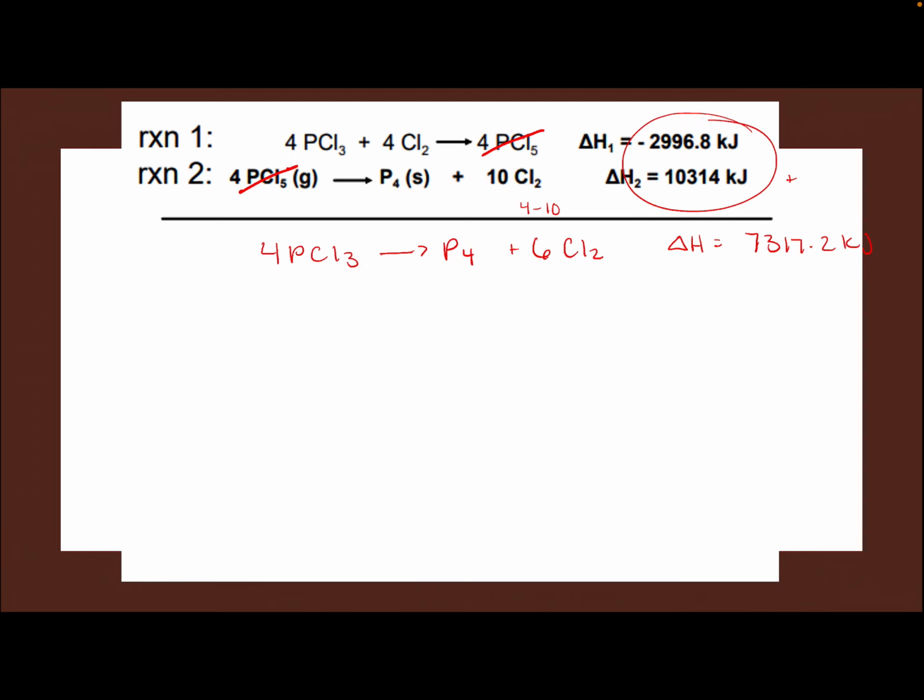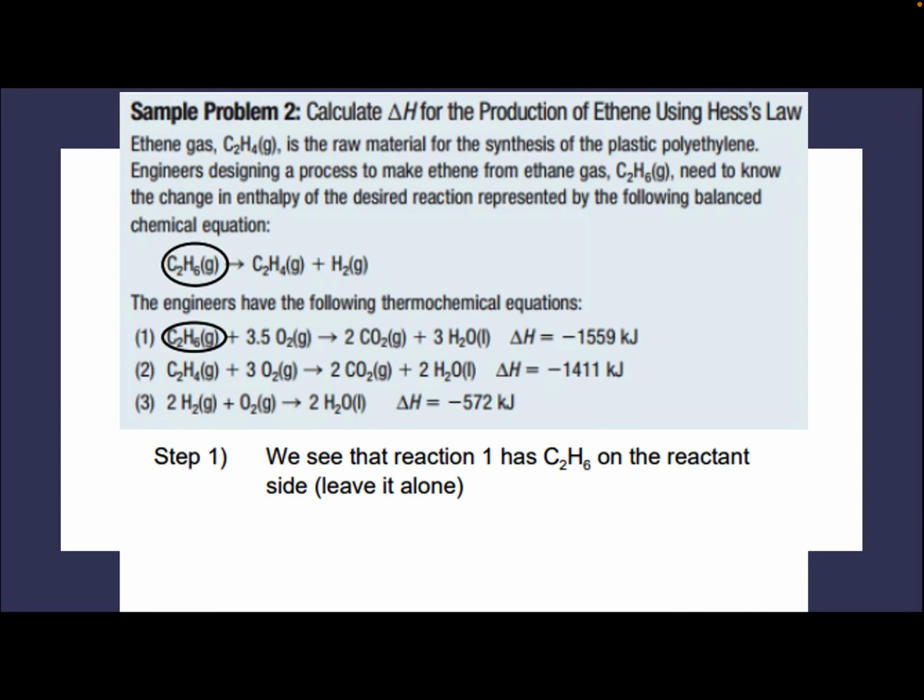So remember, that is our goal at the end, is to find the change in enthalpy between the two in order to find our final product. And so that is how we manipulate it in order to find our answer.